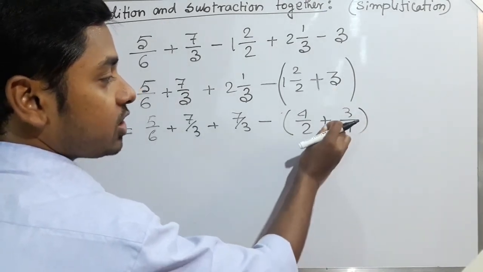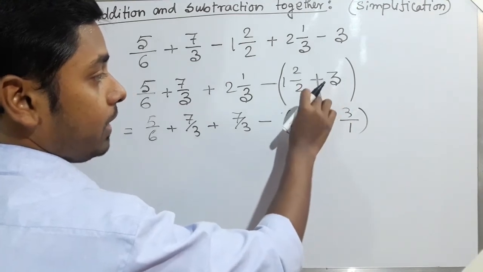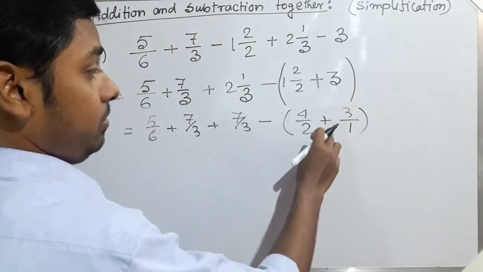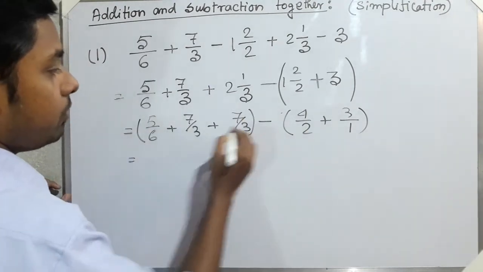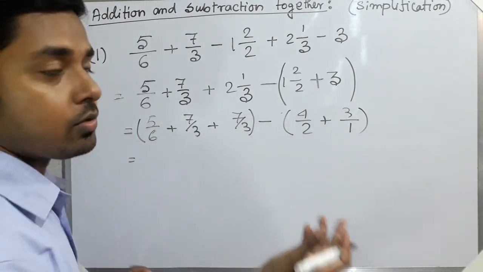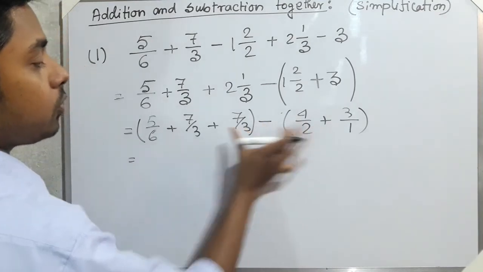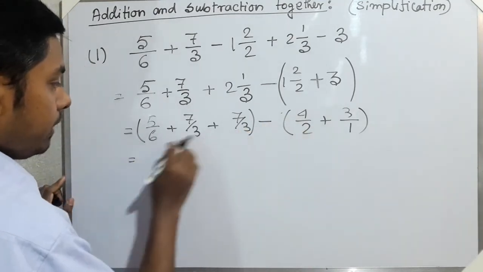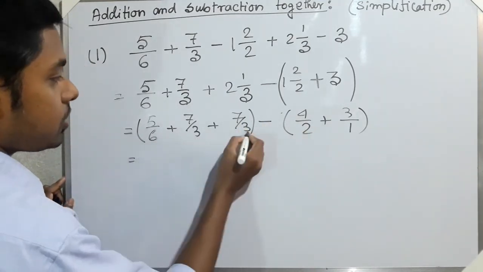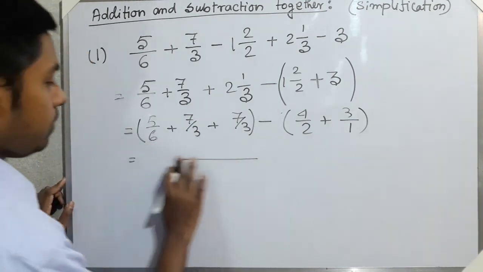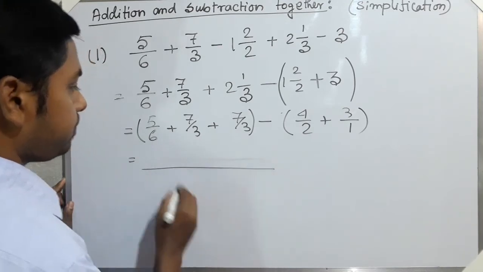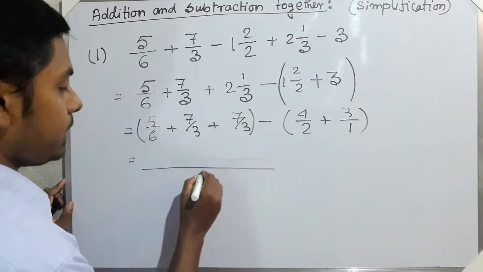Now here we will do addition. Whenever we have changed the sign into plus, then we will do addition, and here also addition. Then we will subtract the two results. So first of all we add the first 3 fractions. What will be the LCM of 6, 3, 3? It is 6.